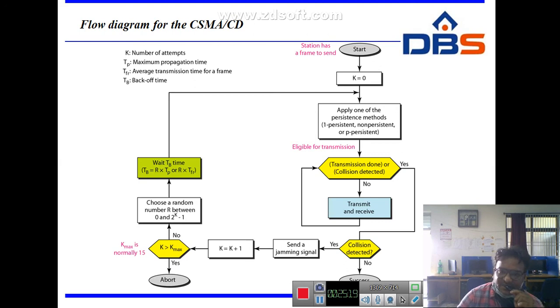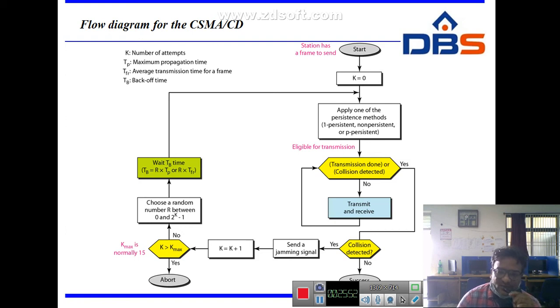If the transmission is done with no collision, it will transmit and be received. If any collision occurs, it will activate the remaining channels with a jamming signal.